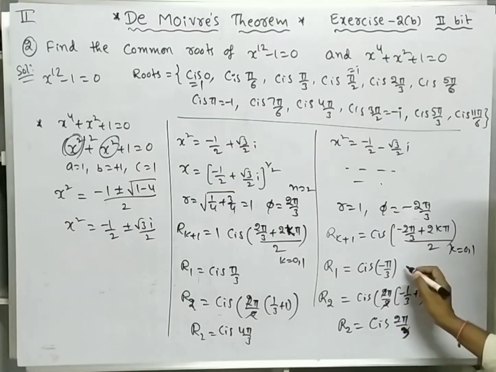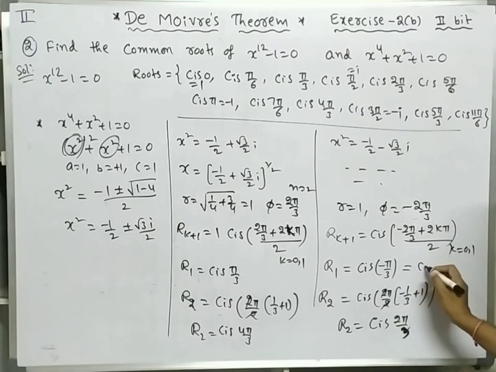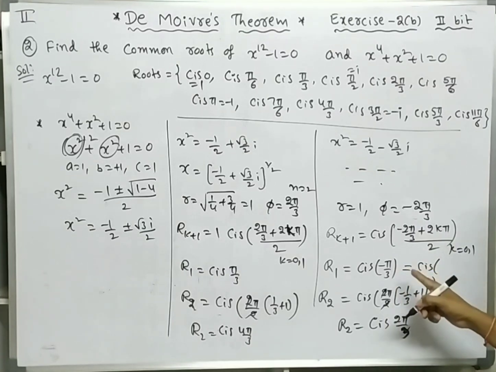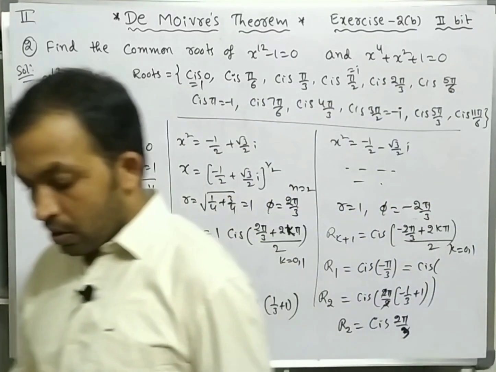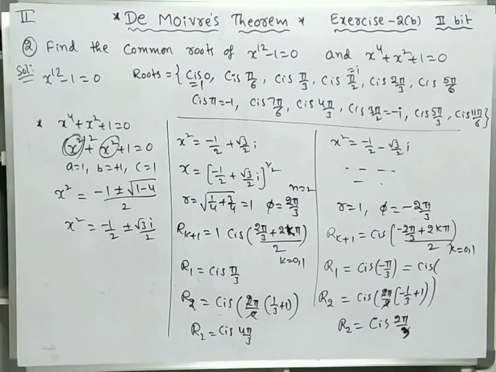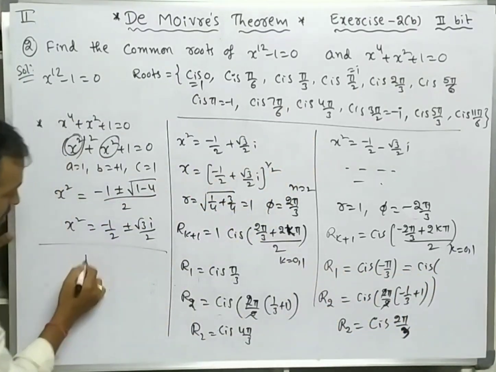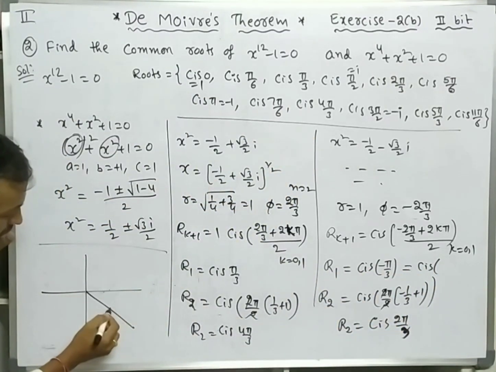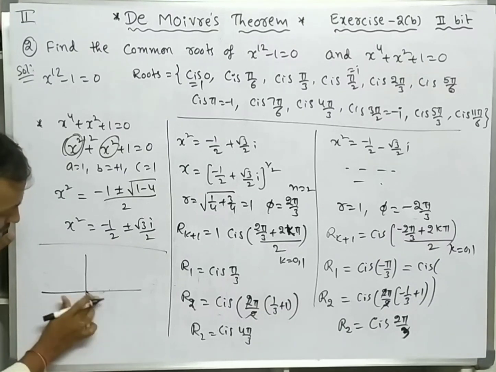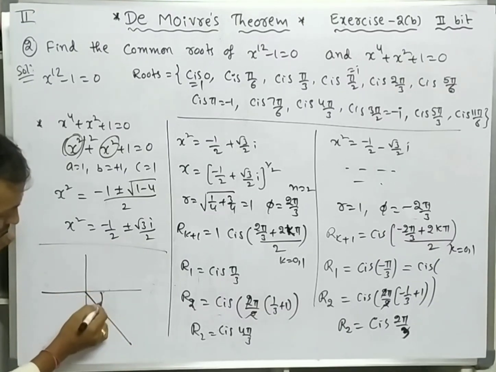Okay, now cis of minus pi by 3: minus pi by 3 means minus 60 degrees, right?